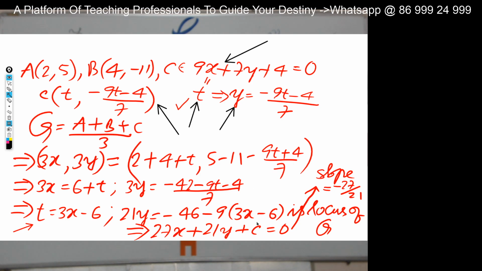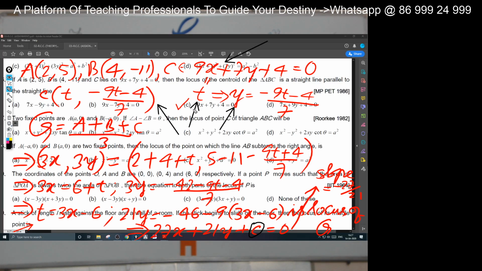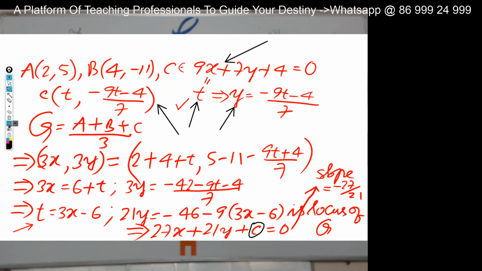We are not worried about this because we need only the slope. So minus 27 by 21 is nothing but minus 9 by 7. So minus 9 by 7 is the slope, and hence the same slope is there for line C. So C is the correct answer. Hope everyone understood this.